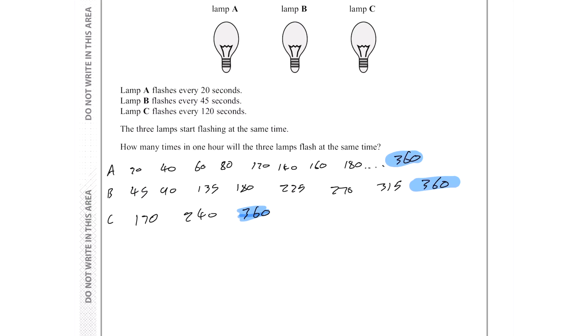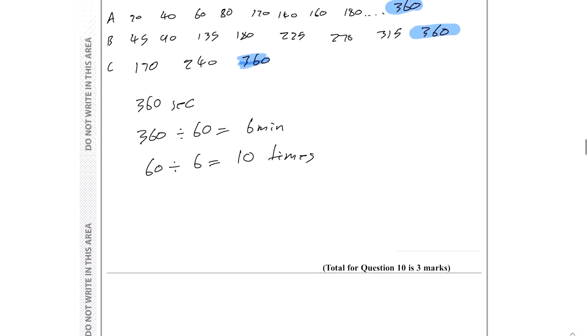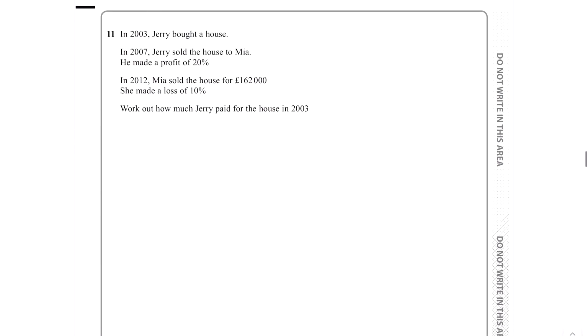So we know that they all flash at the same time every 360 seconds. So if you do 360 divided by 60 to get it in minutes, that means every 6 minutes all these bulbs flash at the same time. They want to know how many times this happens in an hour, so we can then do 60, because there's 60 minutes in an hour, divided by 6, that means 10 times. So 10 times in an hour they flash at the same time.